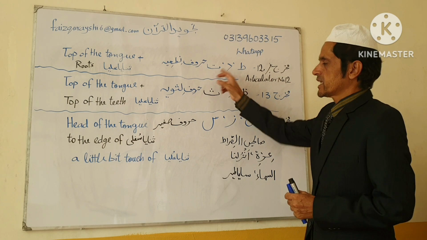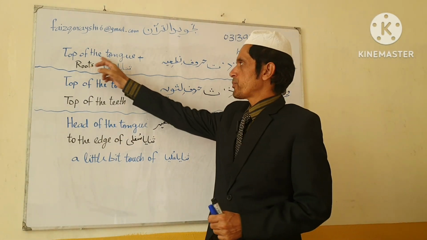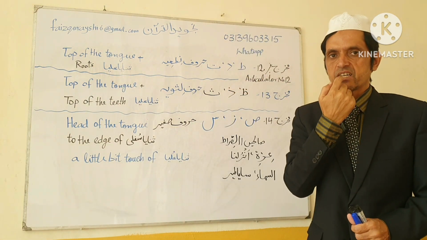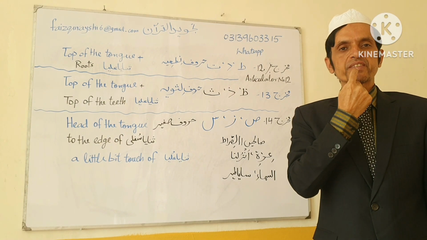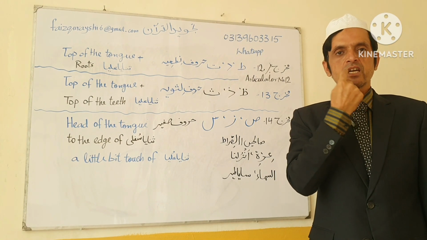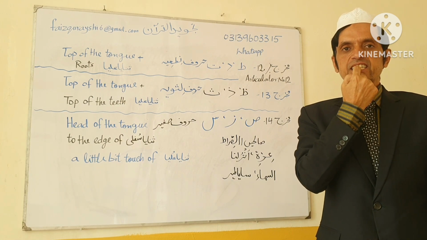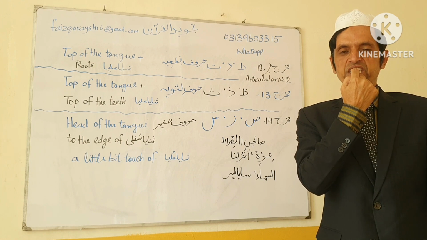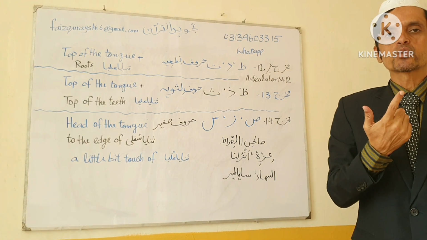Ta, dal, ta. So the articulation point is the top of the tongue and the roots of these front teeth. You see, this is the top of the tongue. When this top of the tongue touches the roots of these two teeth from inside, we articulate ta.